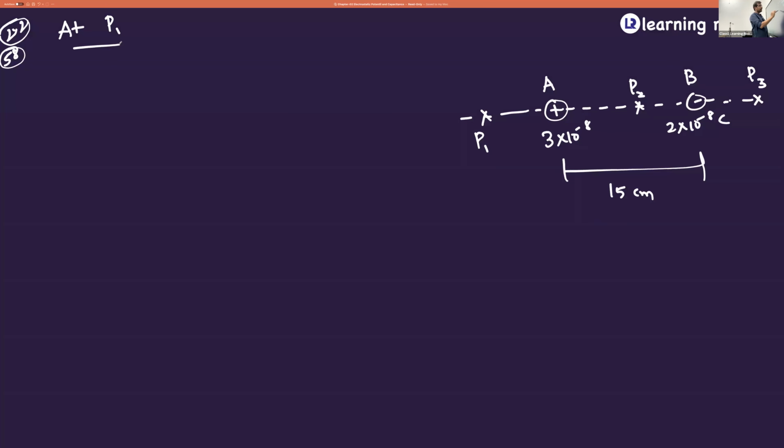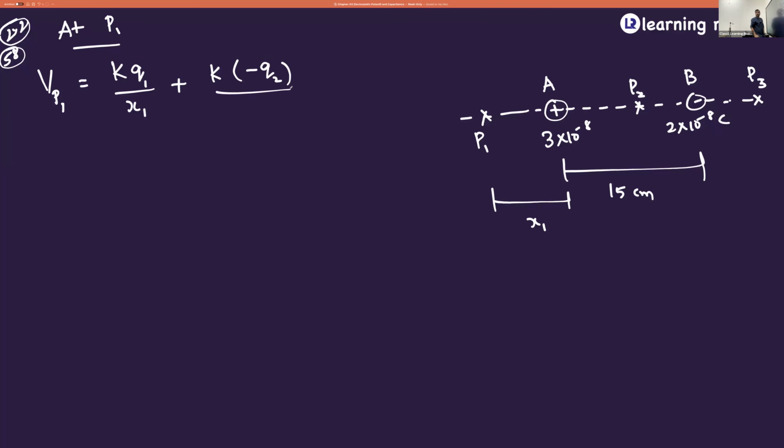If I take this distance from charge A to P1 to be x1, then the potential at point P1 due to the charge at A is K Q1 divided by x1, plus K minus Q2 divided by 15 plus x1.